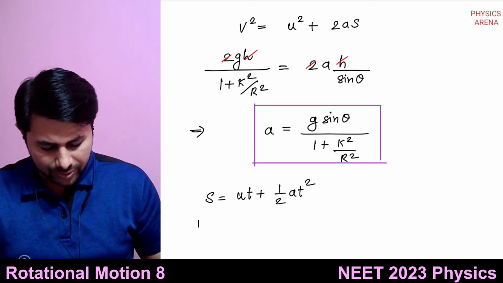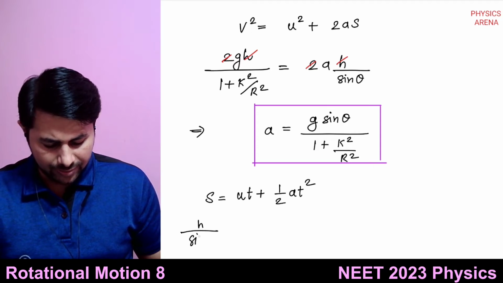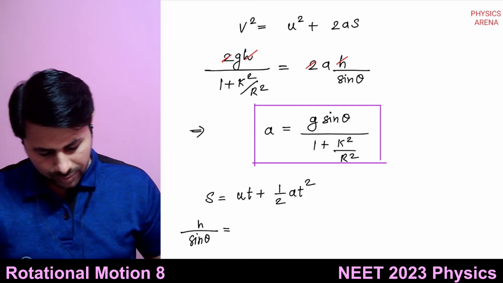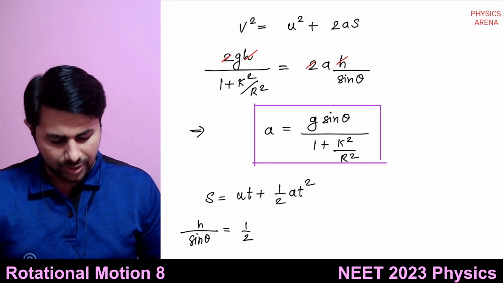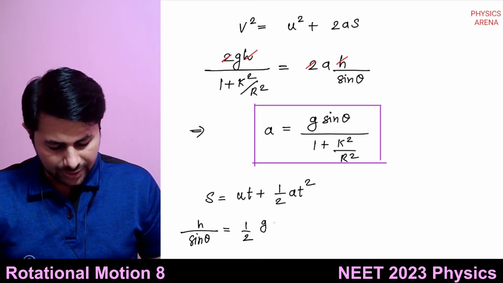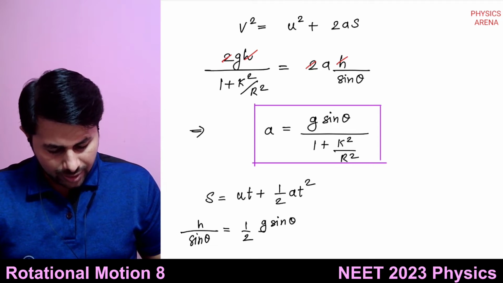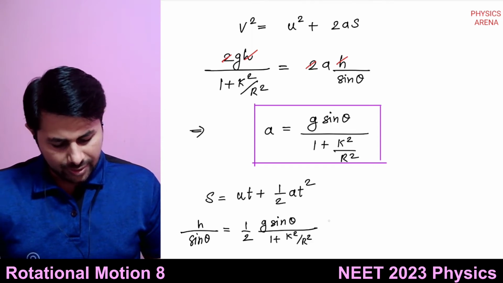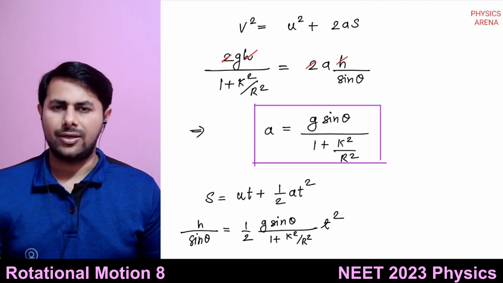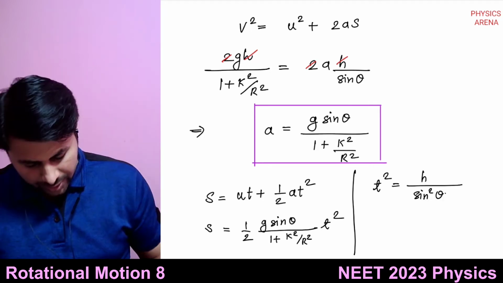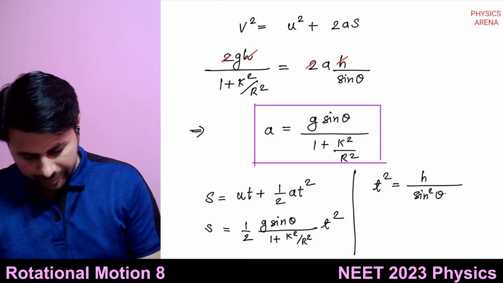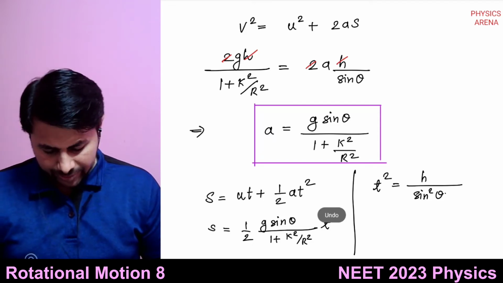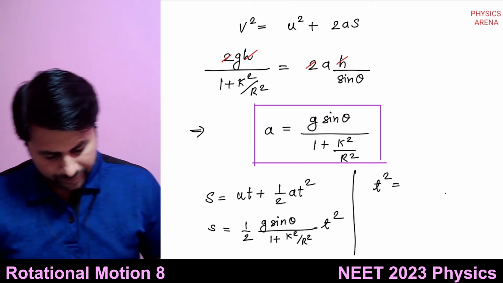So s is equal to h divided by sine theta, u is 0, it is equal to half of acceleration, which is g sine theta upon 1 plus k square by r square, multiplied by t square. We will not substitute for s; we can substitute afterwards when we want.